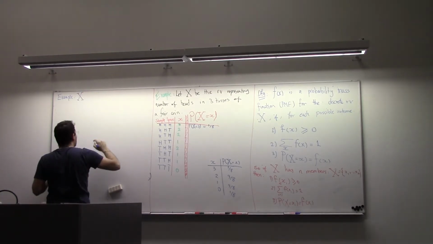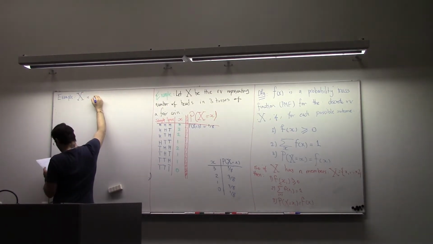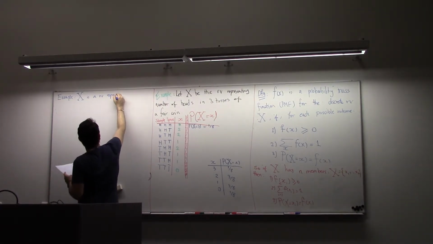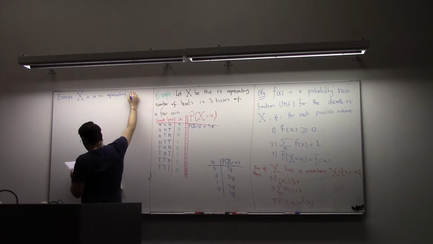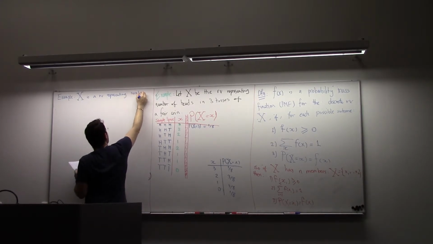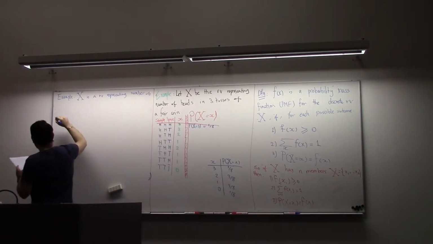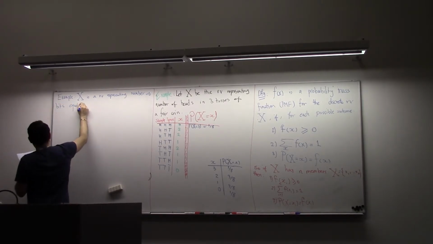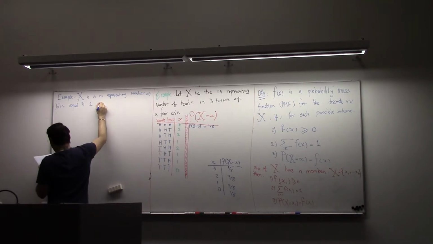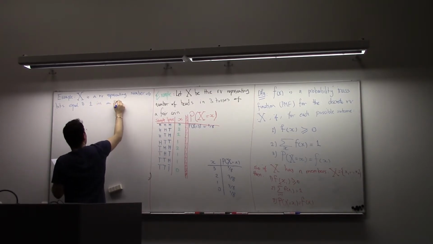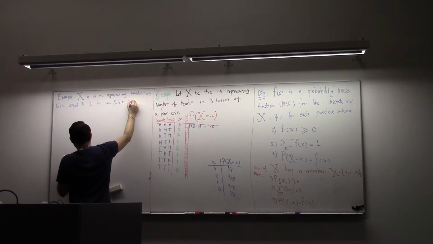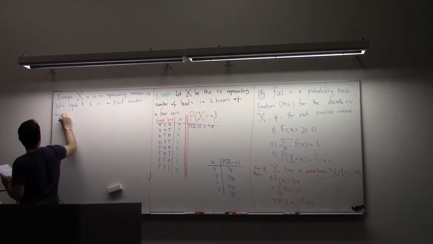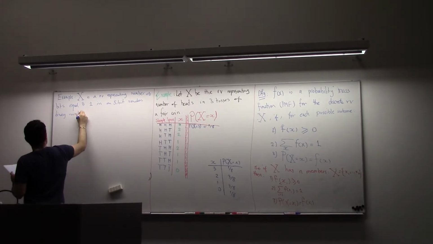X is a random variable representing the number of bits equal to 1 in an 8-bit random binary number.